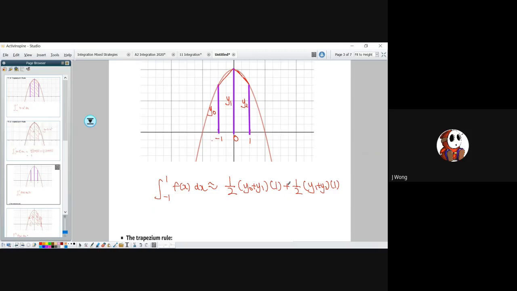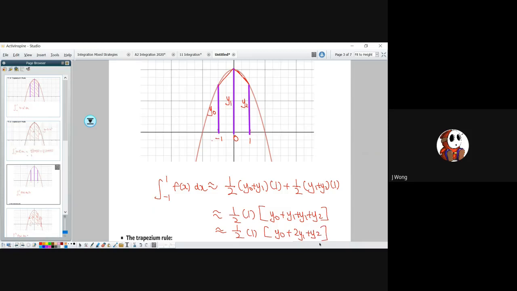And I'll keep the 1 as well so that it will help us to identify what is going on next. So that will be a half times 1 times y0 plus y1 plus y1 plus y2, which will give me a half times 1 times y0 plus 2y1 plus y2.